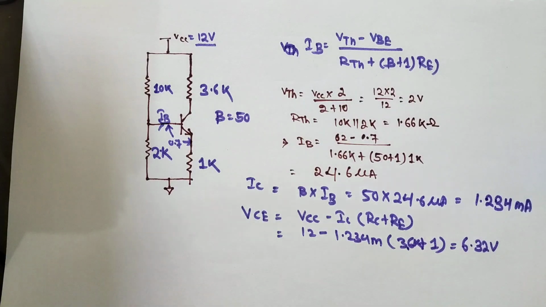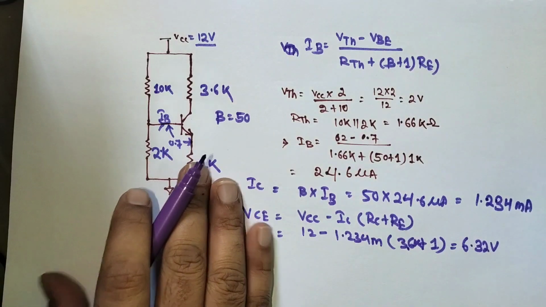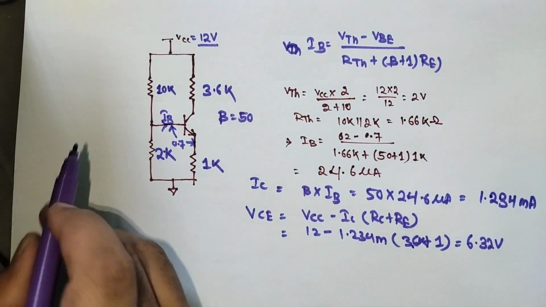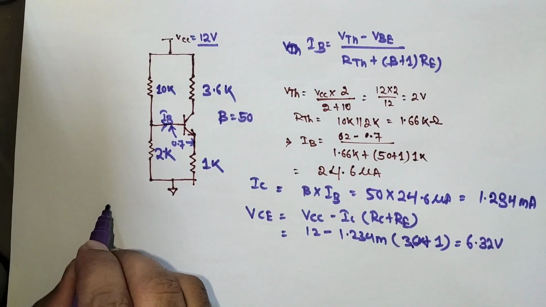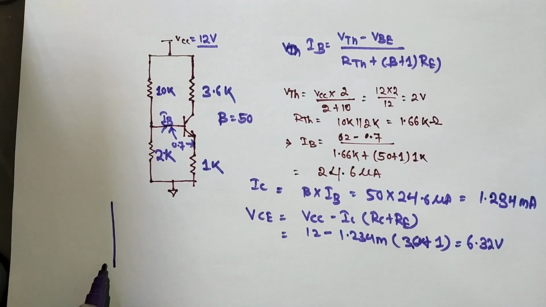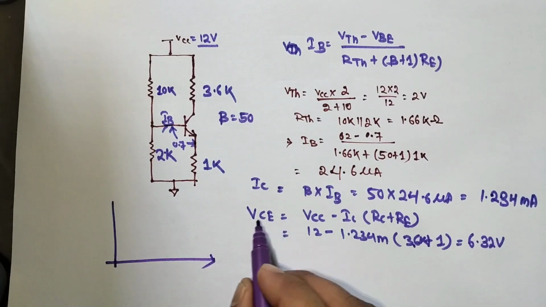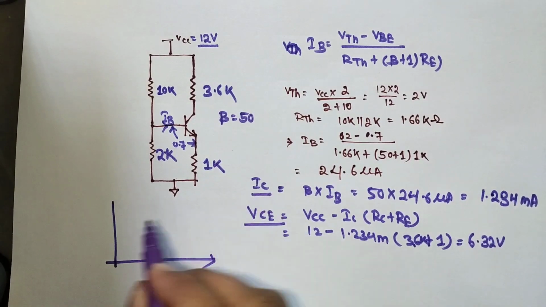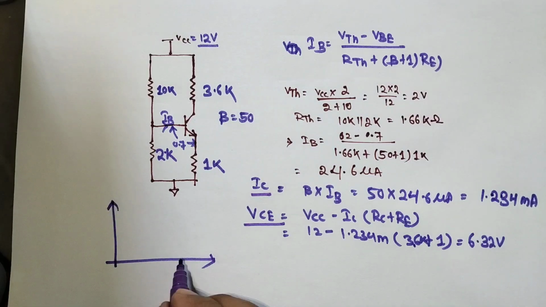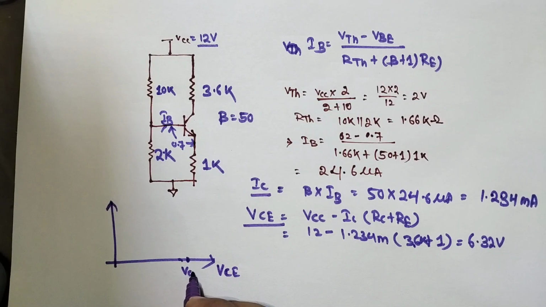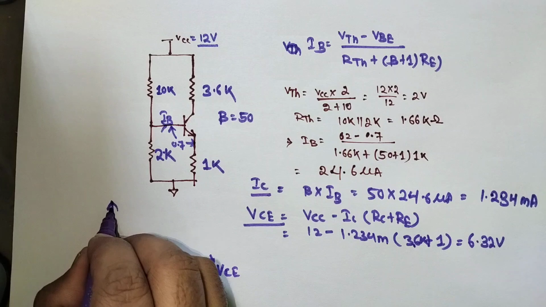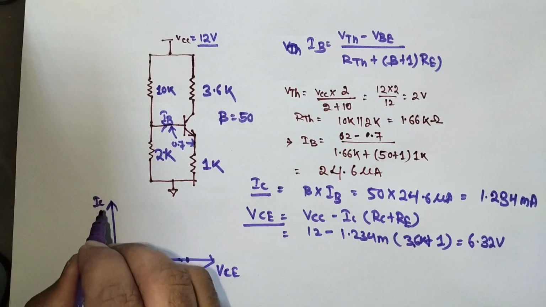Suppose I go for the DC load line, you can check. I draw the DC load line for checking the stable point. I already have the VCE and IC. Here this is the VCE, the point here is VCC, and this is the IC.